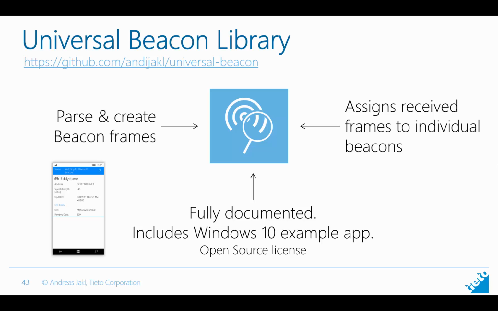The second thing the library can do for you is to parse, and also create, the beacon frames so that you don't need to implement the Eddystone specification yourself. If you receive an Eddystone frame, you just conveniently get the battery power out of it without having to do all the bit and byte stuff.